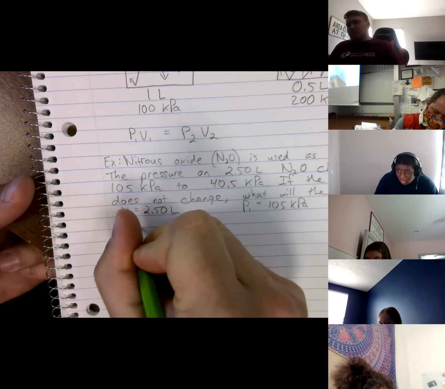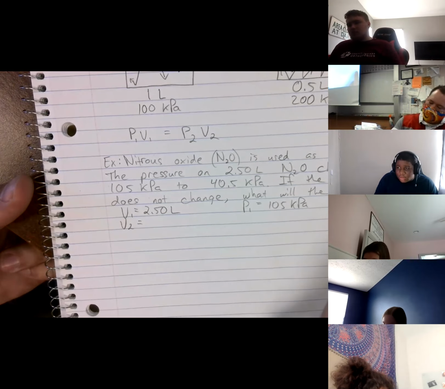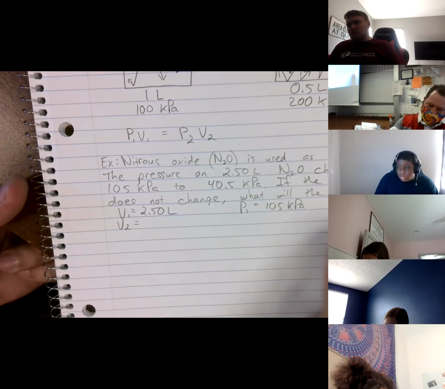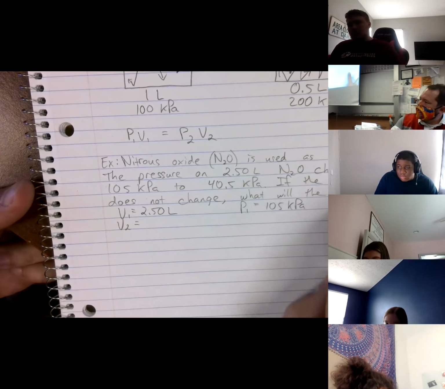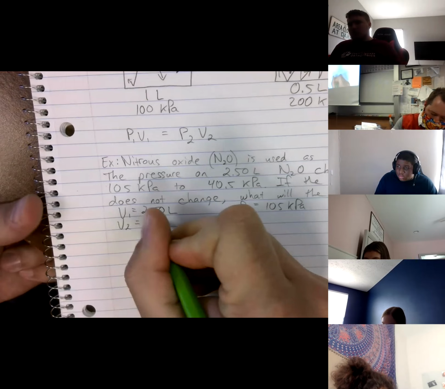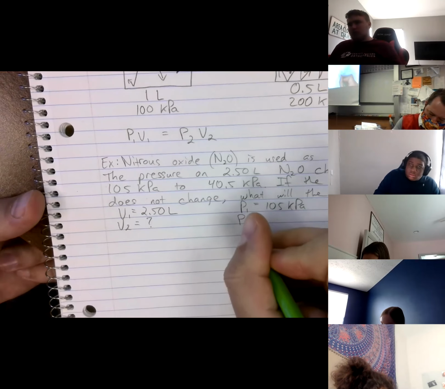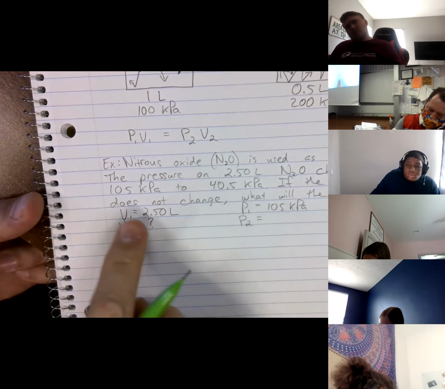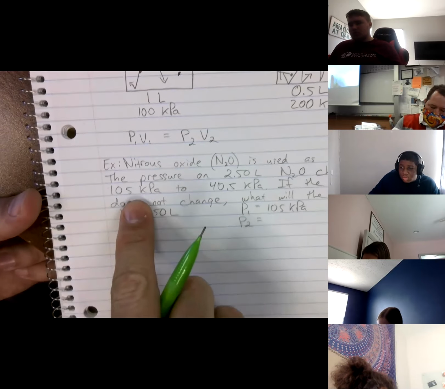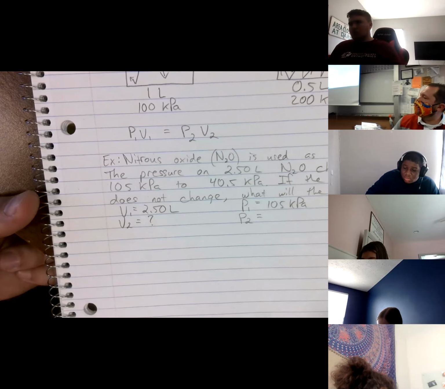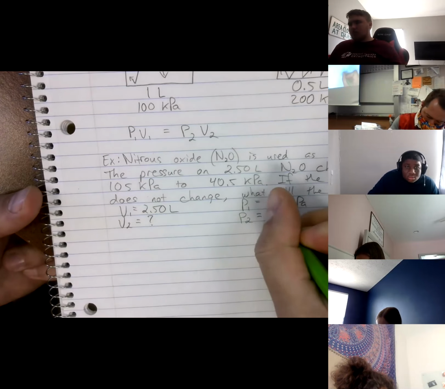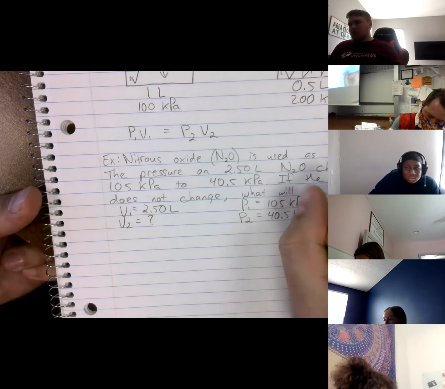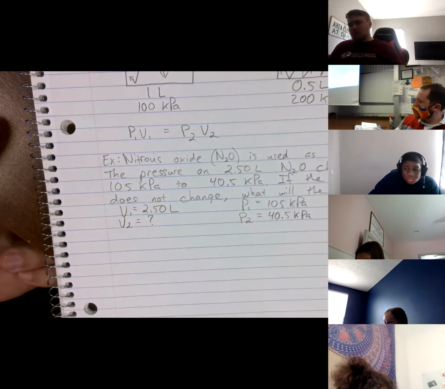Volume 2, that's what we're asking, right? What will the new volume be? New volume, that means volume 2. We don't have that yet, question mark. Pressure 2, it changes from 105 kPa to 40.5 kPa. So that's our second pressure.